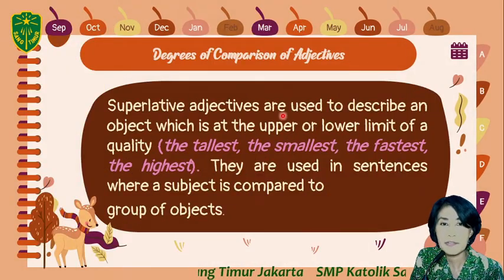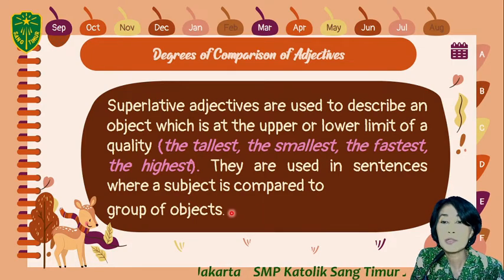Superlative adjectives are used to describe an object which is at the upper or lower limit of a quality. The tallest, the smallest, the fastest, the highest. They are used in sentences where a subject is compared to a group of objects.